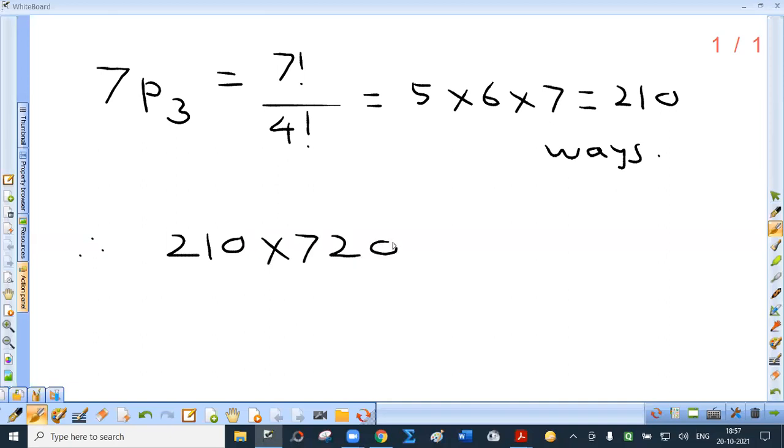Therefore, total number of arrangements equal to 210 into 720. It comes out to be 1,51,200.